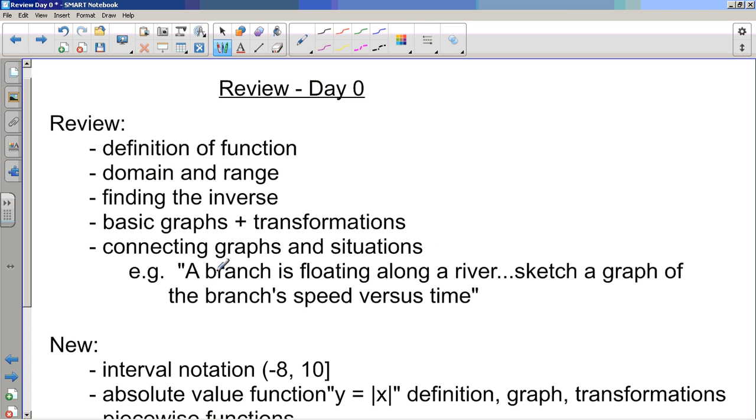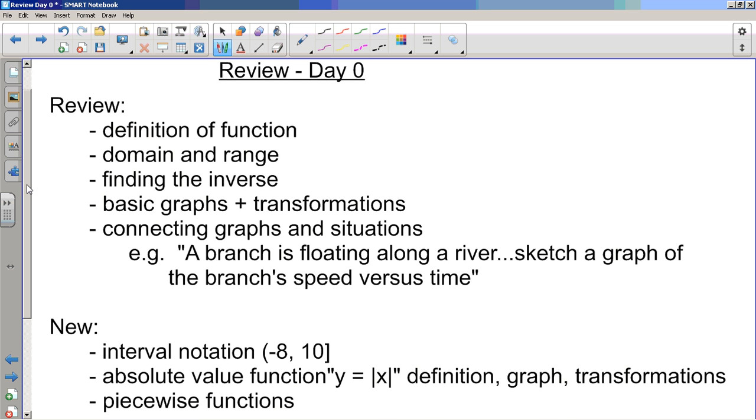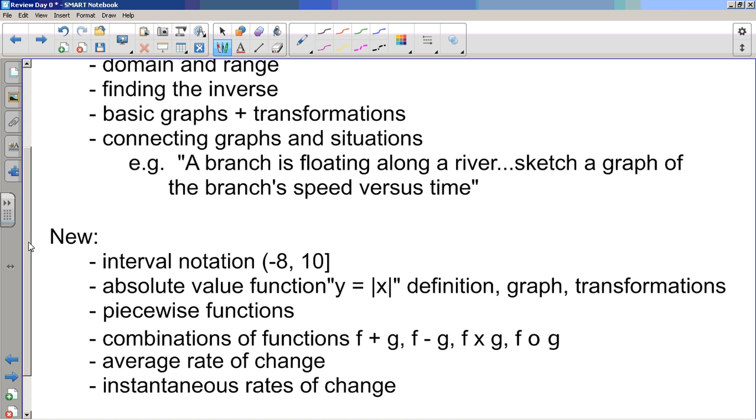This idea of, describe the situation with a graph. All that stuff was review of earlier grades, where there was also a bunch of new stuff, like interval notation was new, the absolute value function was new, piecewise functions was new, and I think we'll get to a piecewise function soon.